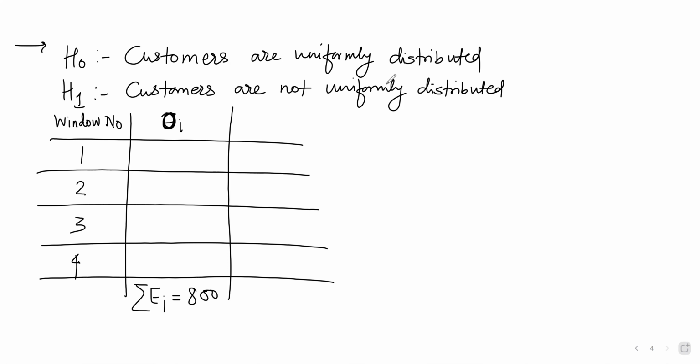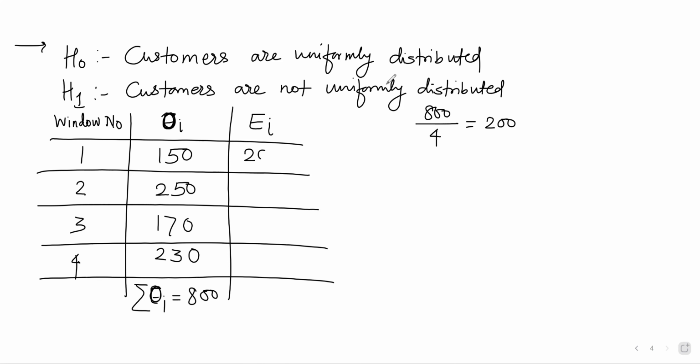So this is the value of OI. What is expected is that we want it uniformly distributed. So 800 by 4 gives 200. So 200 customers must be at one window, correct?